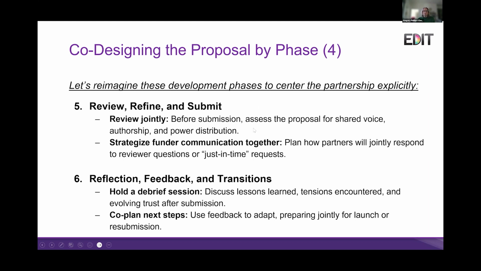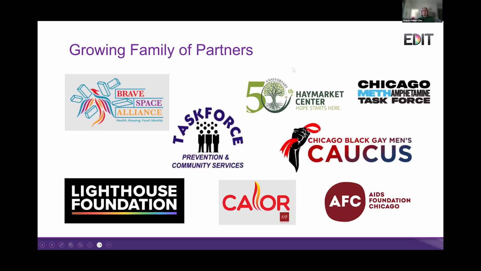and developing relationships. I have a lot of history with this, which is part of why I'm giving this talk today, but we have a growing family of partners who we've worked with, and they all come with challenges, they all come with positives, and really the focus just needs to be transparency, shared governance, and ongoing conversation.